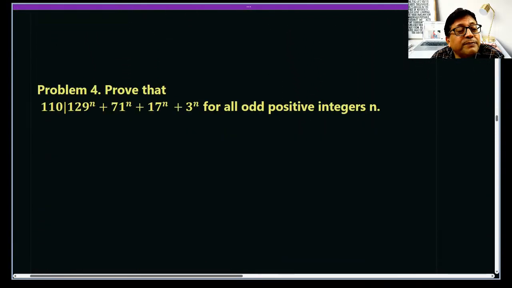Now let us go for a brilliant sum here. Prove that 110 divides 120 to the power n plus 71 to the power n plus 17 to the power n plus 3 to the power n for all odd positive integers n. See how to prove this.